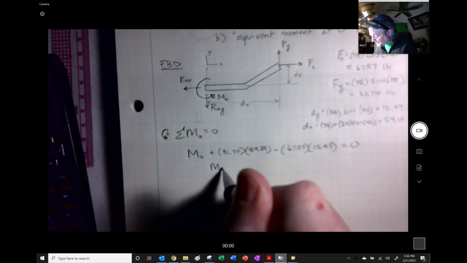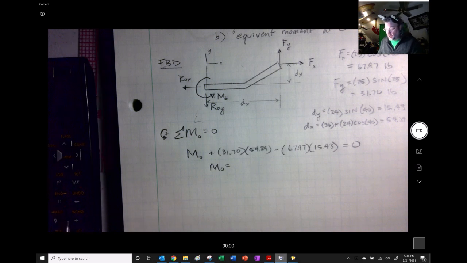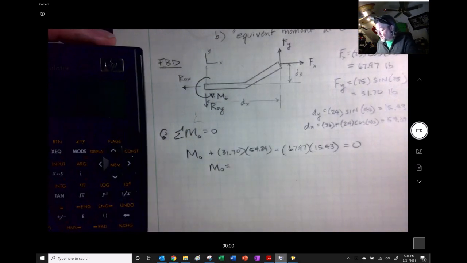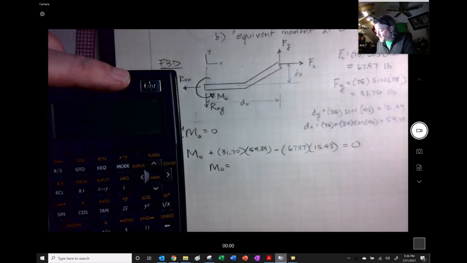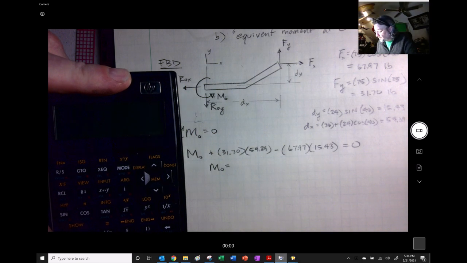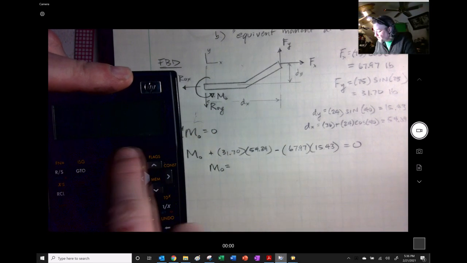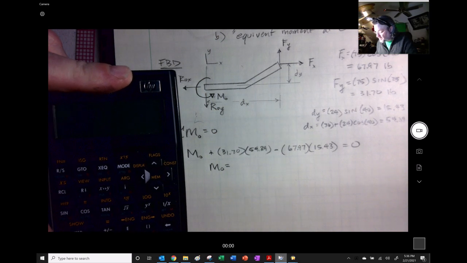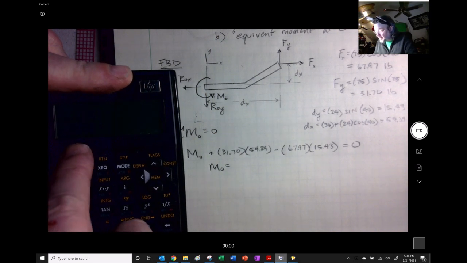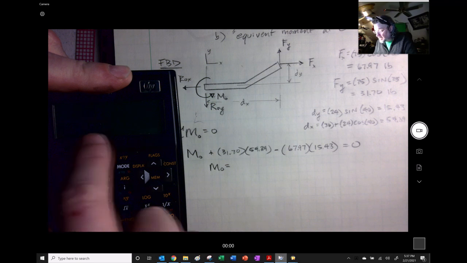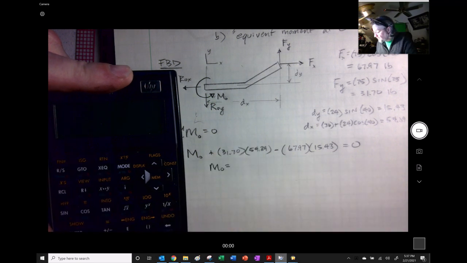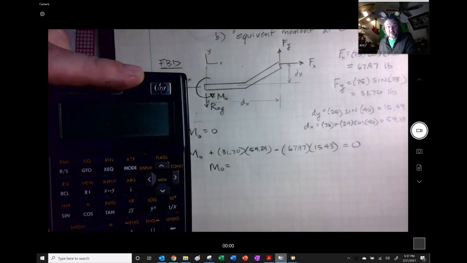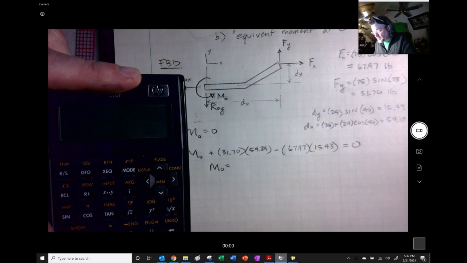So when I get done with this, I get an MO right there of, let me do this, 31.70 multiplied by that, and 67.97 times, and now I'm going to subtract.